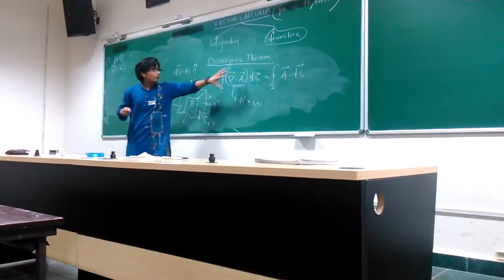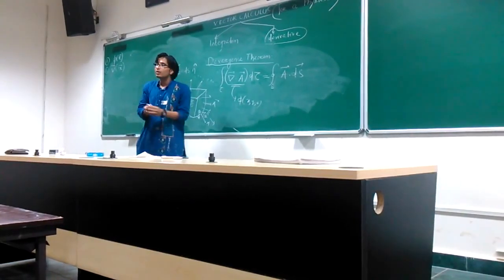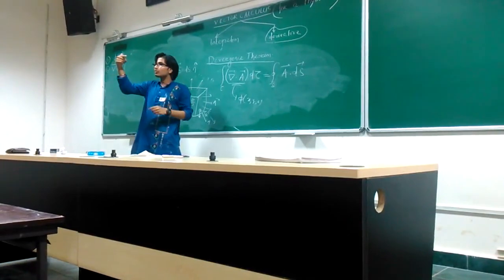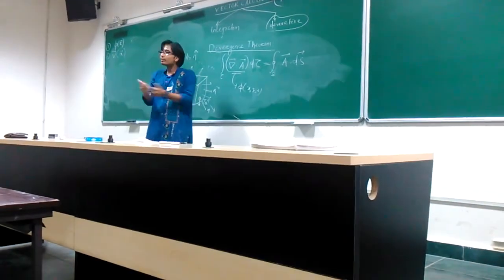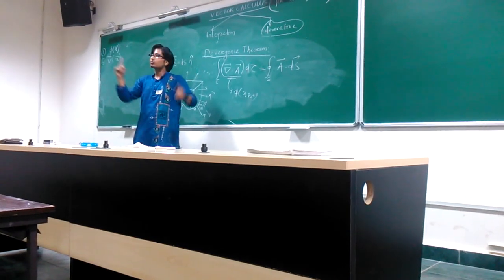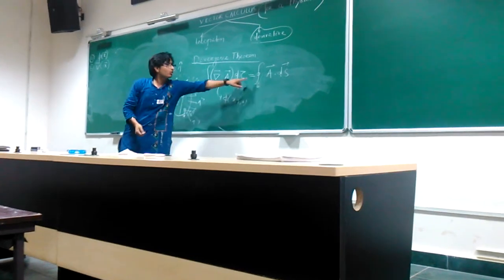It's flowing out. So the flow of a vector field in the whole volume is equivalent to the vector field coming perpendicularly out of the surface. Because if it is parallel to the surface, it's not coming out. It's not flowing out. So the flowing out of a vector field is equal to the perpendicular component of the vector field on the surface. And why closed?